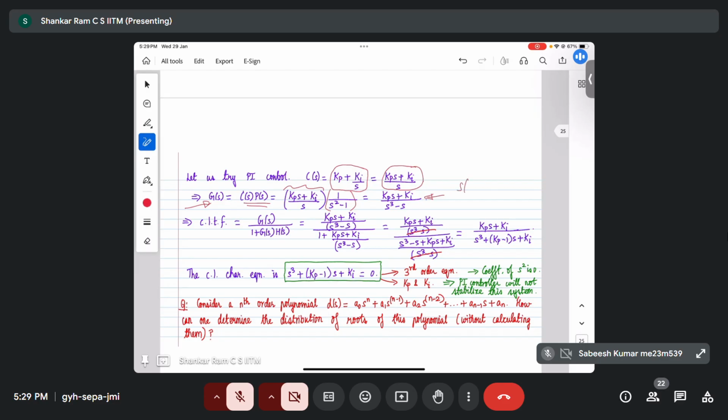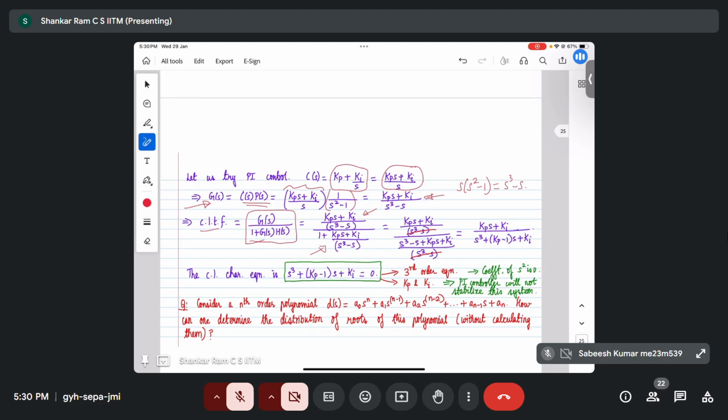How did we get S cube minus S? In the denominator, we have the product of the two terms, S and S squared minus 1, and that becomes S cube minus S. So the closed loop transfer function is G(S) divided by 1 plus G(S). G(S) is (Kp S plus Ki) divided by (S cube minus S), and in the denominator we have 1 plus (Kp S plus Ki) over (S cube minus S).